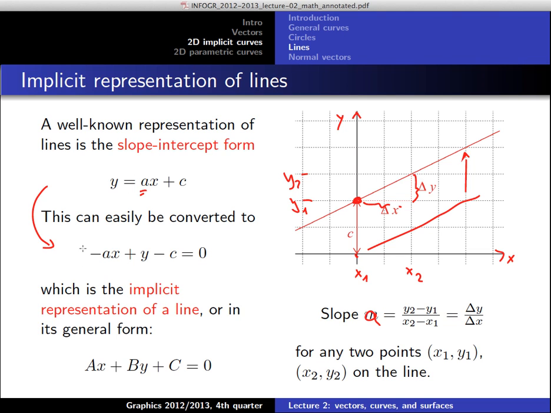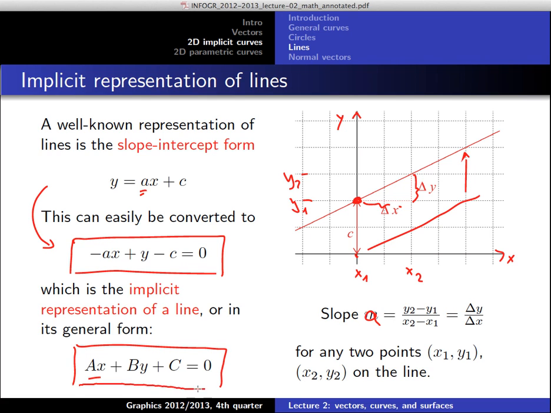Now be careful here, because I used the slope-intercept form and ended up with this equation here, and this is often very confusing because of course the official representation is something like that. The point is, because we have something equals 0, we can multiply that with any constant value, and that will still be fulfilled because a constant value times 0 leaves 0, so it only changes these factors before, which are also constant values.